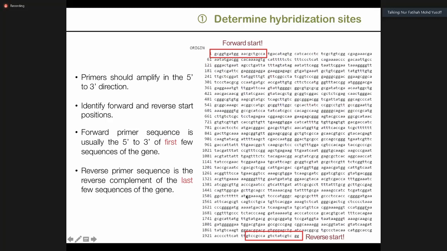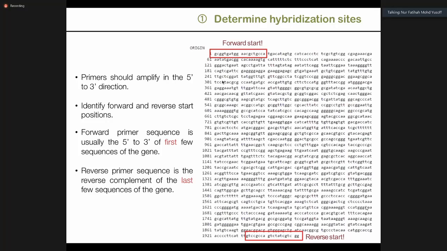So this is basically when you want to design the primer to amplify the whole length. In this case, the primer will be from here and here. If you want to do gene expression analysis, you can design only at a certain region. You can focus in the middle of the sequence.